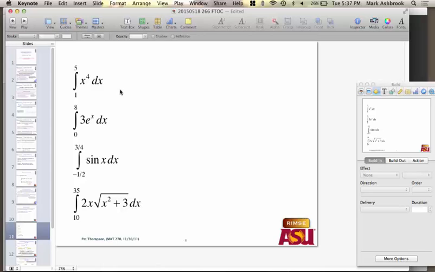That x to the 4th is the derivative of the function that we're looking for. Right, so therefore x to the 4th is the rate of change of the function we're calculating the change of, right? So it's the change of some quantity starting at x equals 1 to x equals 5, where that quantity has a rate of change of x to the 4th.